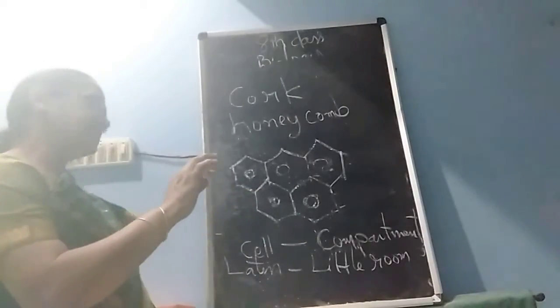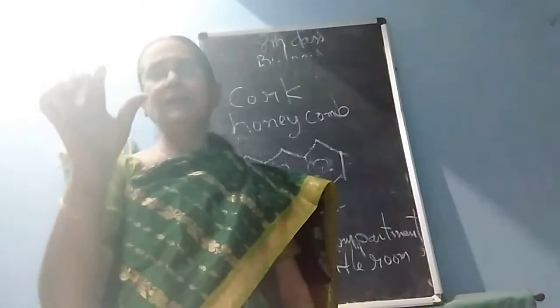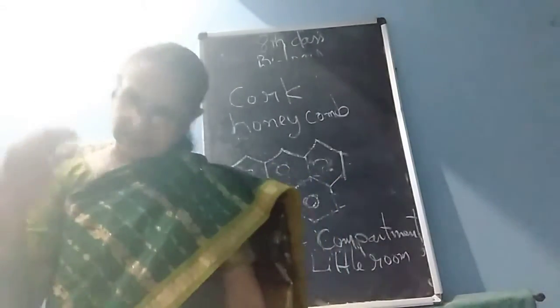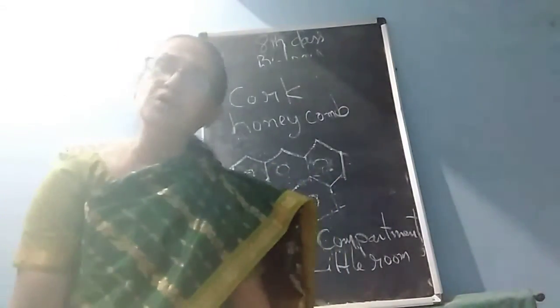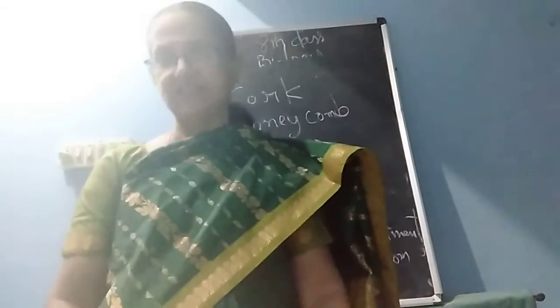Cell means compartments. He observed the cells of cork and honeycomb, and formulated many of the things.